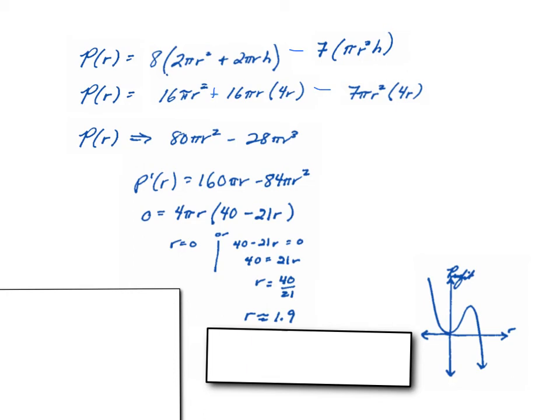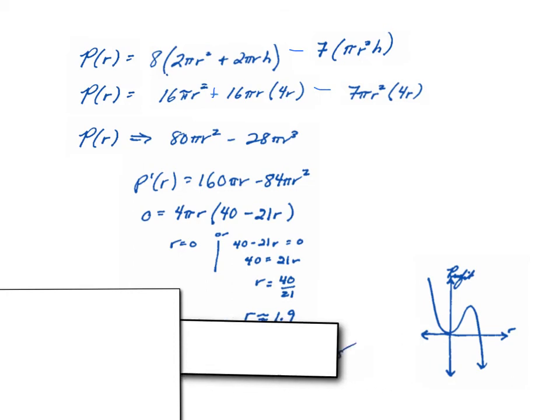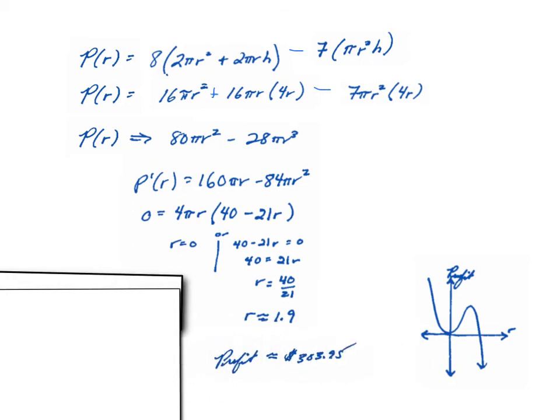We do want to know what the actual profit is going to be. So when I plug it into the equation, we find out that the profit for each cylinder we make and smuggle of this precious metal is $303.95.